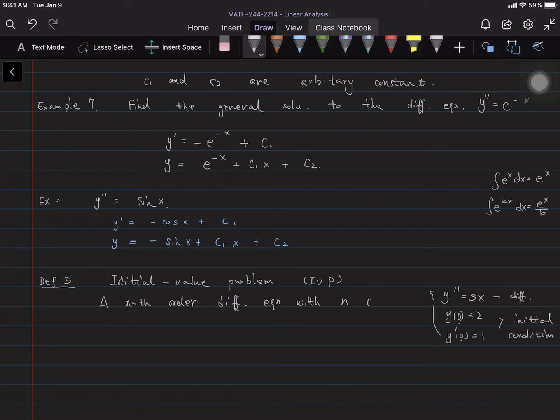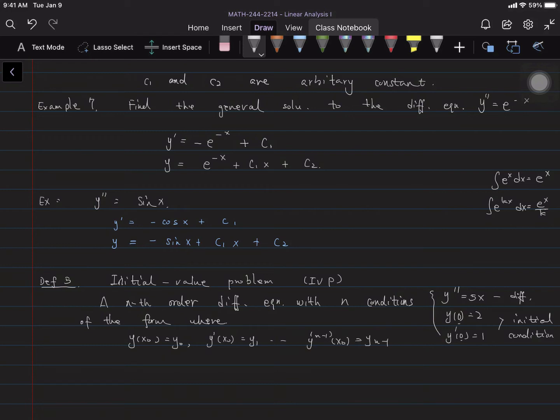With n conditions of the form y(x0) equals y0 and y prime (x0) equals y1, in general. Okay, like this kind of thing.